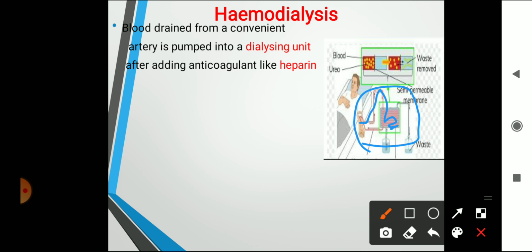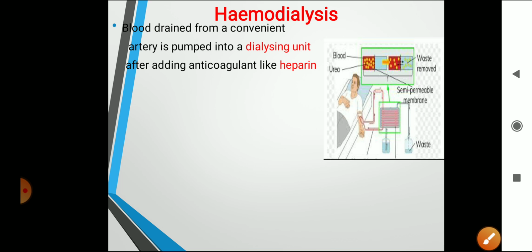Now when the blood is pumped into the dialysing unit, before allowing the blood to come out, an injection is given to the patient, that is heparin injection, which is an anticoagulant. Otherwise, the moment the blood comes out of the body, it has a tendency to clot.